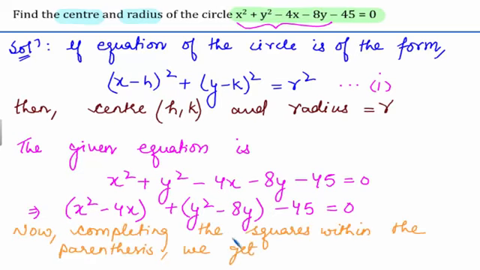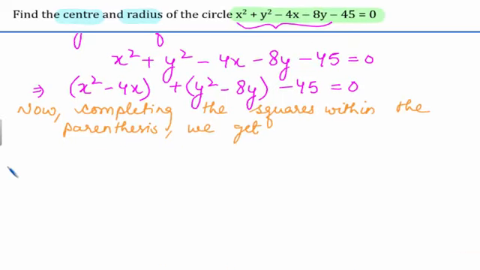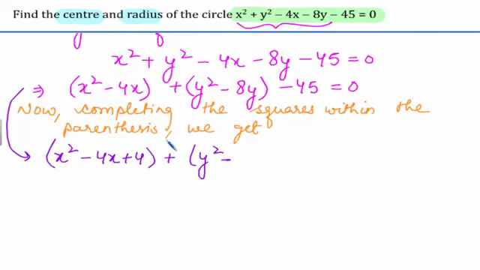Now, completing the squares within the parenthesis, we get x square minus 4x plus 4 plus y square minus 8y plus 16 is equal to, taking this 45 on the right hand side.